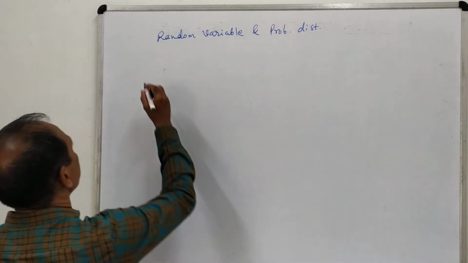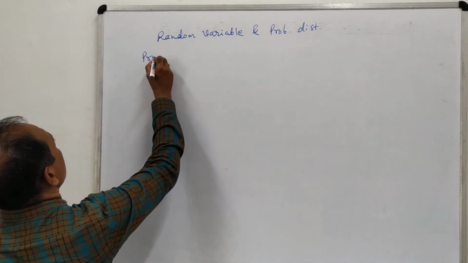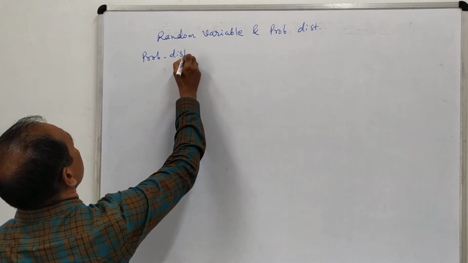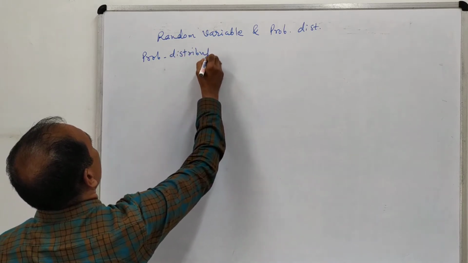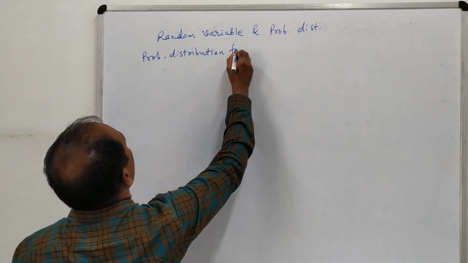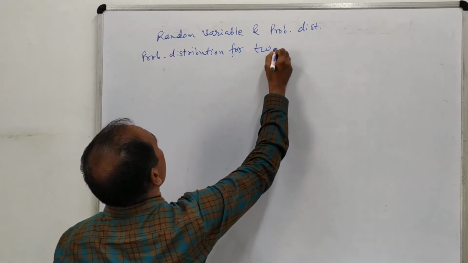That means probability distribution for two random variables.